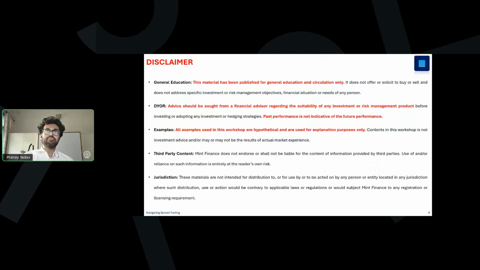Before we get started, I will go through a short disclaimer, just to clear up some of the content we'll be covering today. Now, it's pretty boilerplate, but the material today has been published for general education and circulation only. Any advice should be sought from a financial advisor regarding the suitability of an investment or a risk management product.